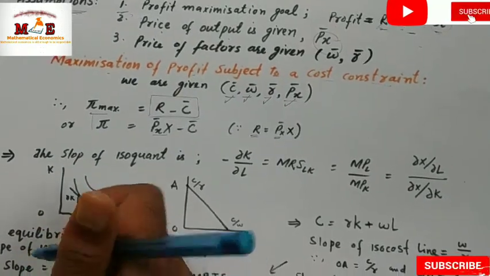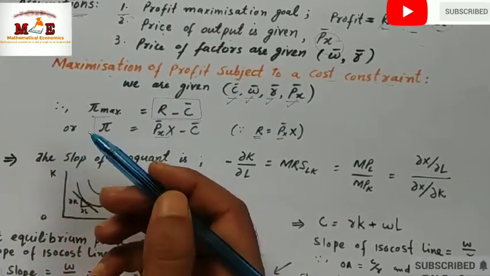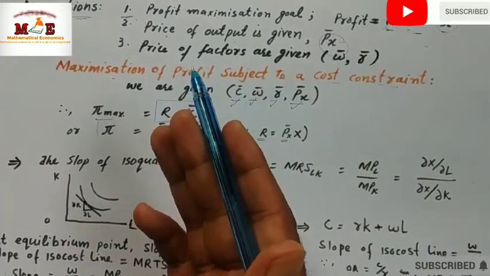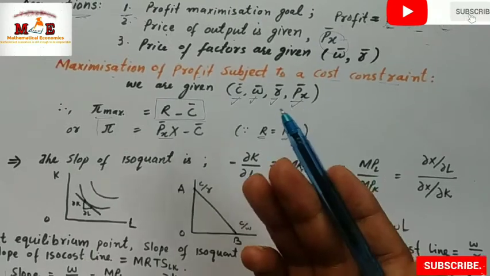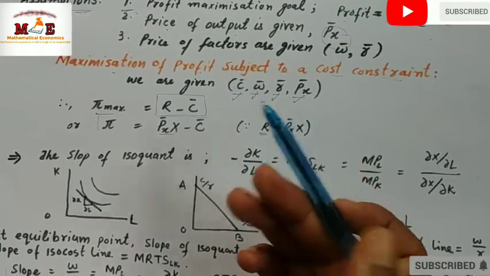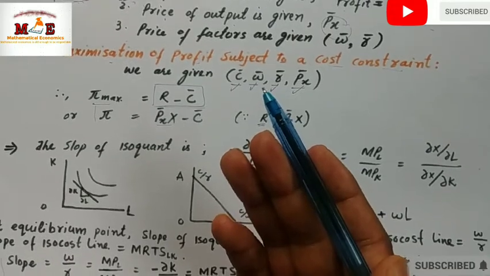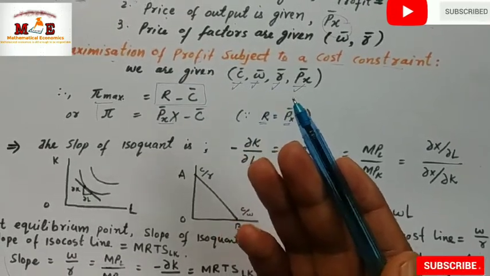Therefore, the maximization of the profit can be achieved if X is maximized, since C, that is the cost outlay, and price of X are constant by our assumption. The analysis will be carried out first by using the diagrams and subsequently by applying calculus.